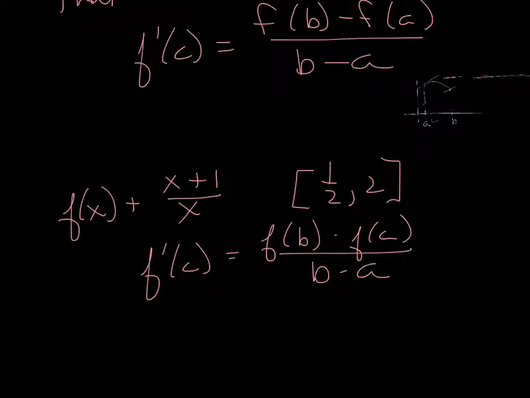In other words, I want to find all the values in that interval such that the instantaneous rate of change equals the average rate of change. That's f of b minus f of a over b minus a.